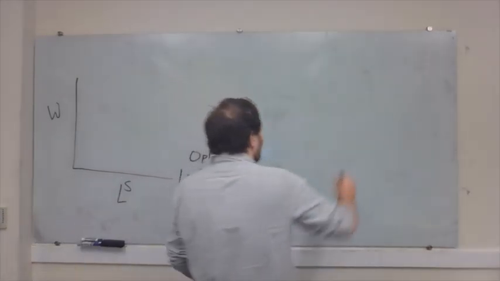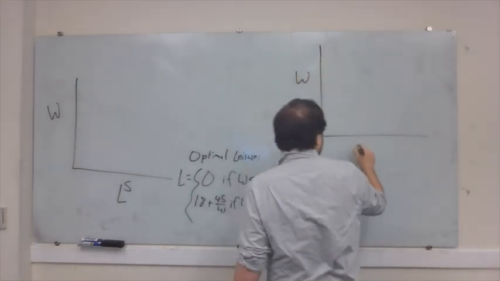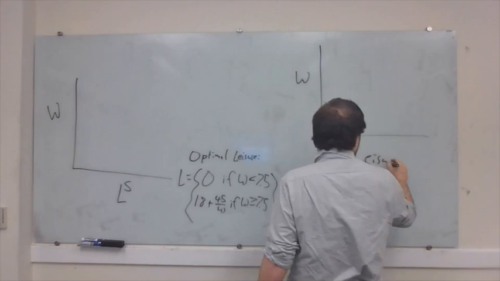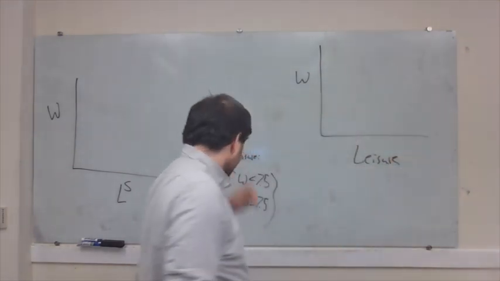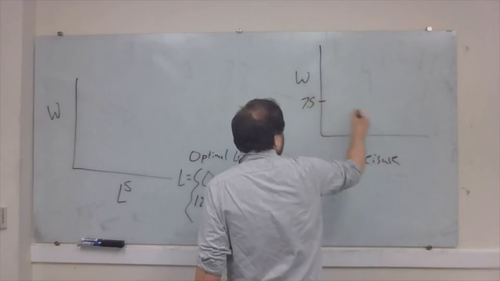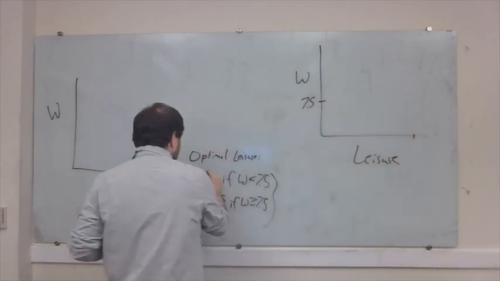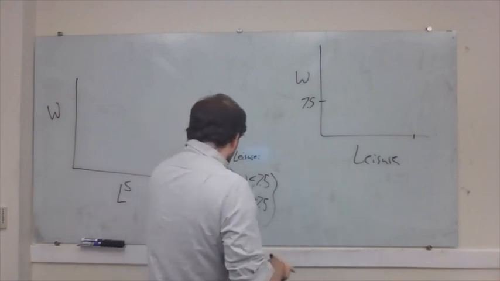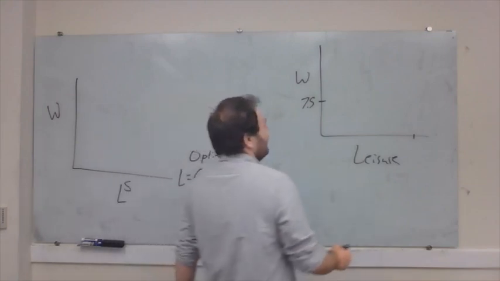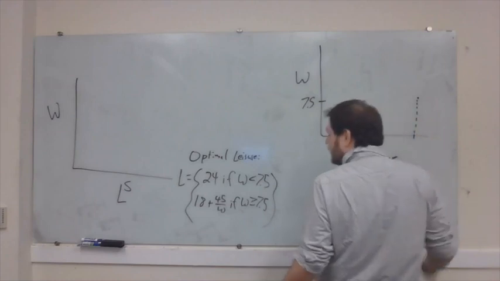So if we graph that, we've got W, we've got leisure. We'd say when the wage is below 7.50, leisure is going to be 24, my goodness. We've got a wage less than 7.50, we're going to spend 24 hours a day in leisure.